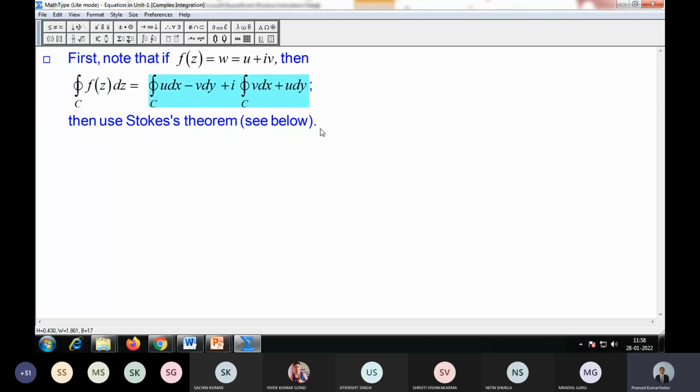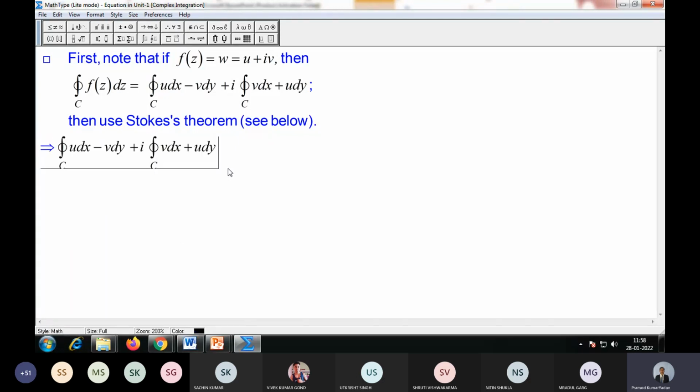Anyone will help me in the use of Green's theorem? What is Green's theorem? Anyone? Yes, anyone remember, please?